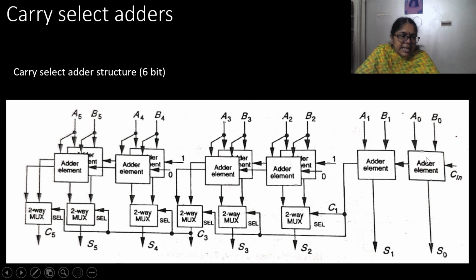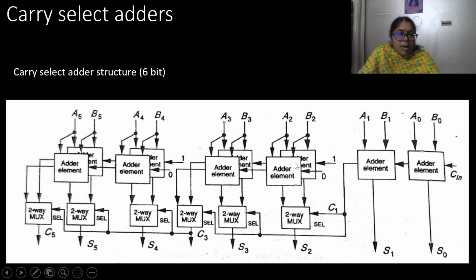So first adder element takes A0, B0 and Cin as the input and generates S0 and C0 as the output. Now the second adder element is going to take A1, B1 and C0 as the inputs to produce C1 and S1. The second block once again consists of the adder elements, wherein this particular block contains 4 adder elements.